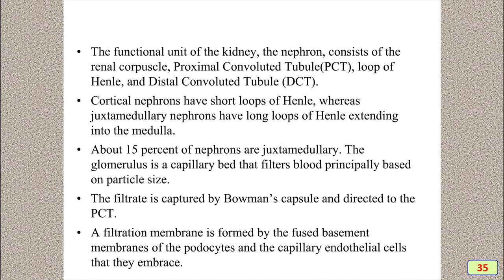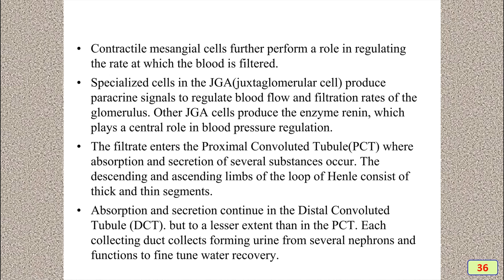The filtration membrane is formed by the fused basement membranes of the podocytes and the capillary endothelial cells. The contractile mesangial cells further play a role in regulating the rate of blood flow, and blood pressure is also maintained by the kidney.